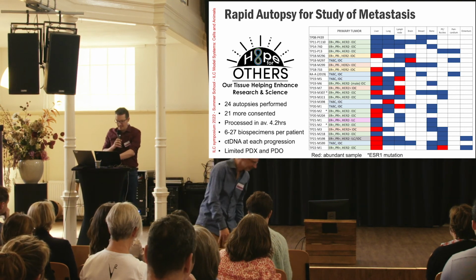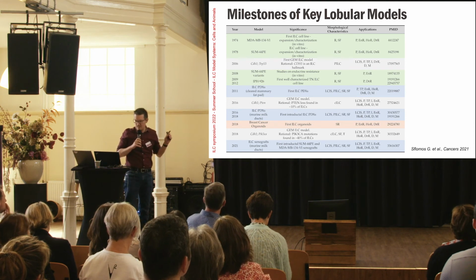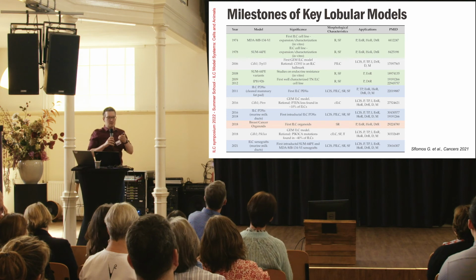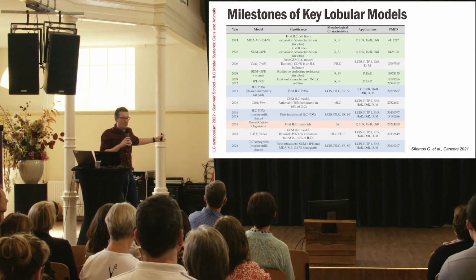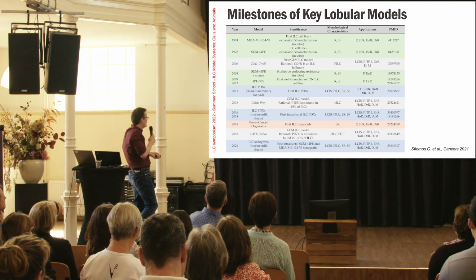Thank you. And just to give you the last slide before the summary, to give you an idea that developing models takes time. The two cell lines that I was mentioning, the most widely characterized for lobular carcinoma, come from the 70s, as you can see here in the time scale.